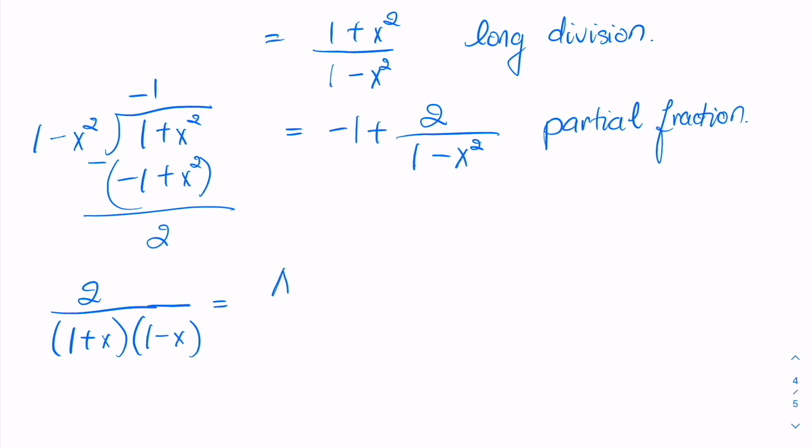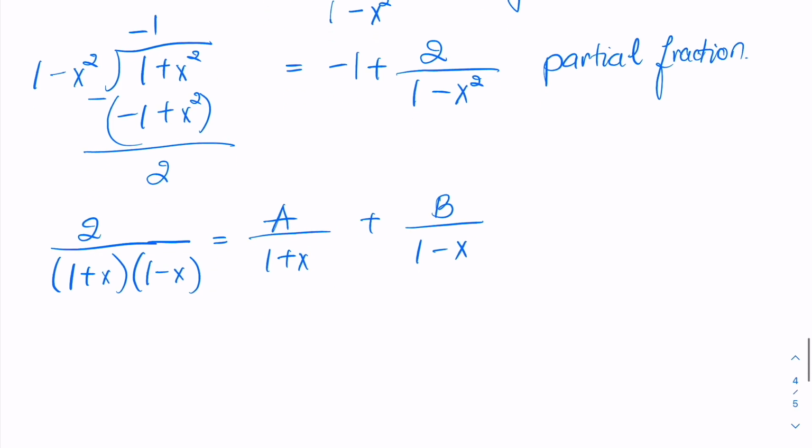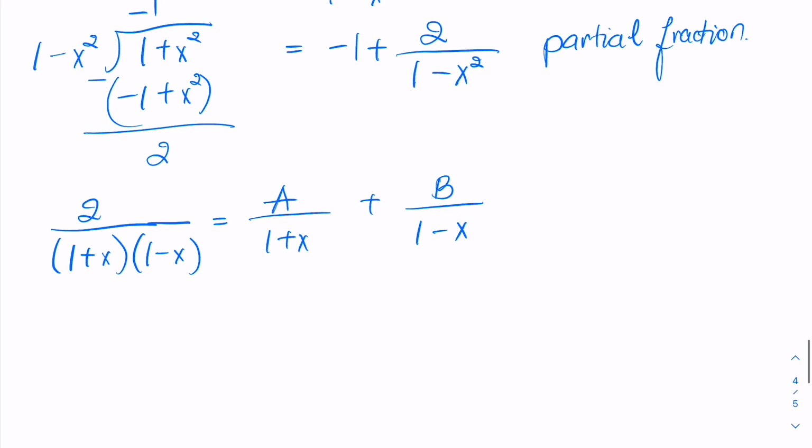So what I have is A over 1 plus x plus B over 1 minus x. Multiply everything by the LCD. I get 2 equals A times 1 minus x, and then for B, we have 1 plus x.